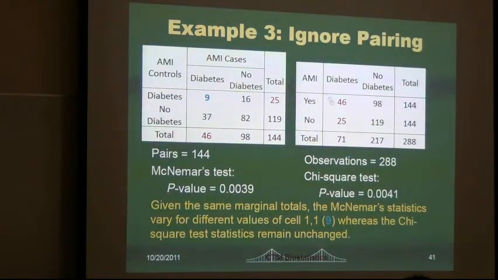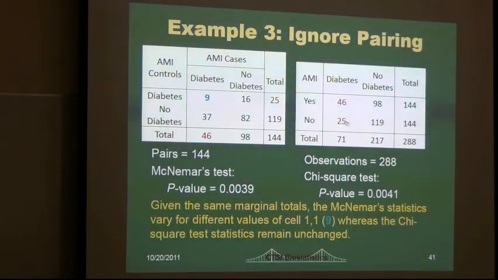If you ignore the pairing, then you have 144 observations with AMI, so 144 cases, and then you have 144 controls. So we're comparing the proportion of 46 over 144 and 25 over 144.